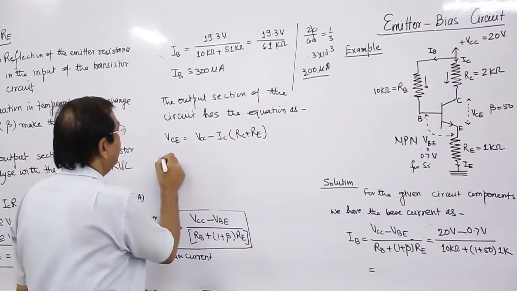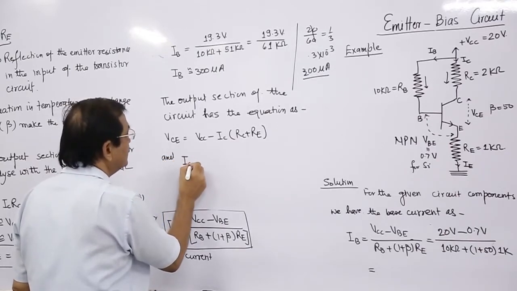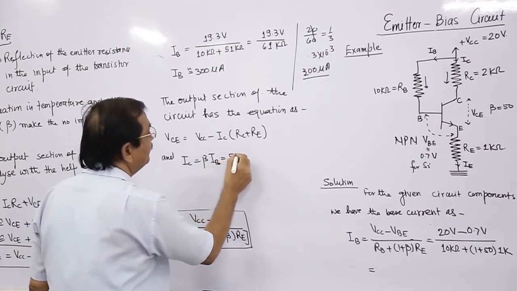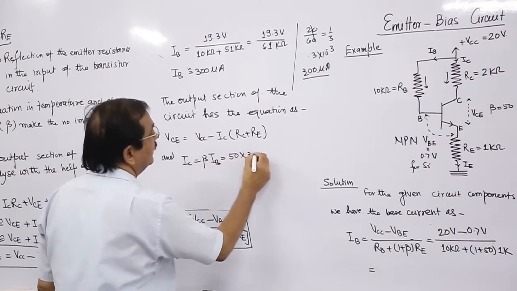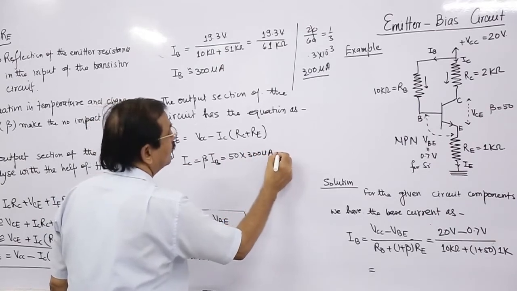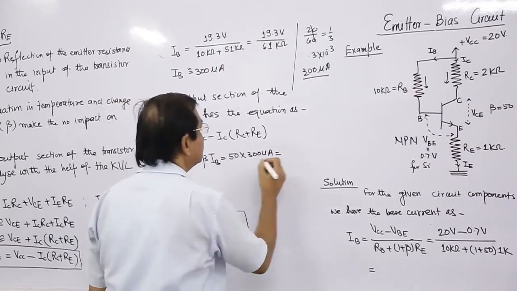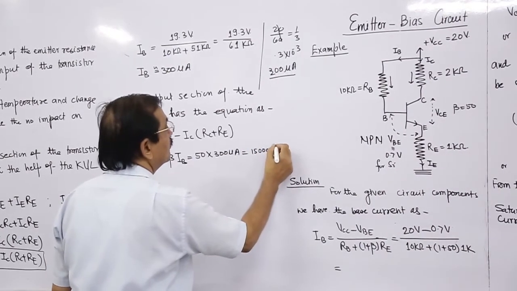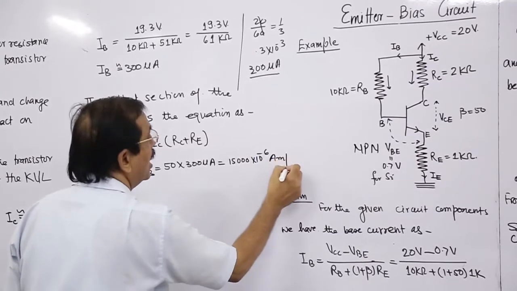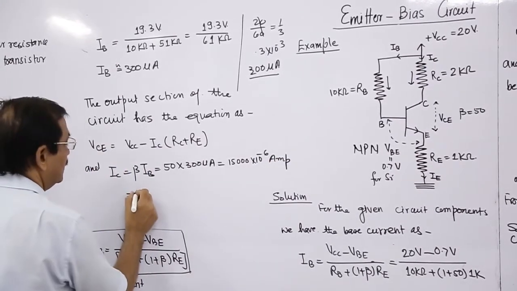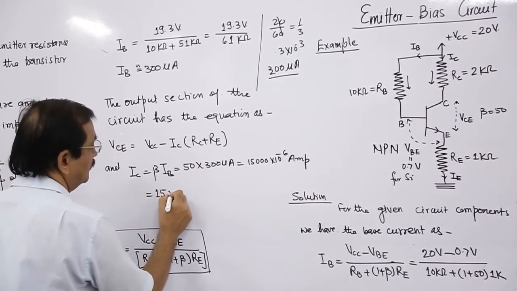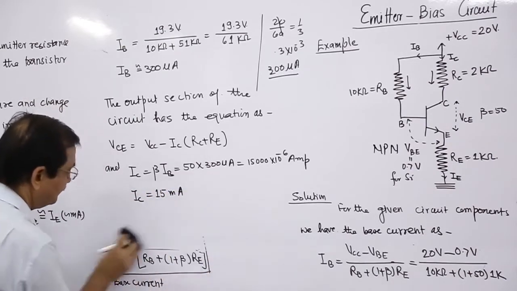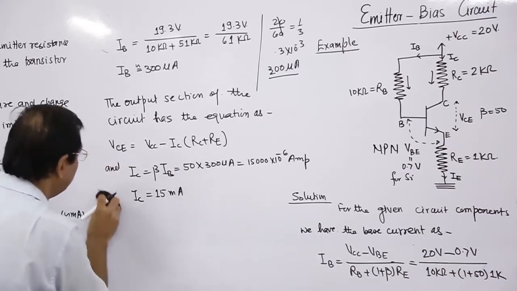And IC is equal to beta IB, beta is 50 into IB is 300 microampere. So, this is 15,000 into 10 to the power minus 6 ampere. So, this is nothing but 15 milliampere IC.